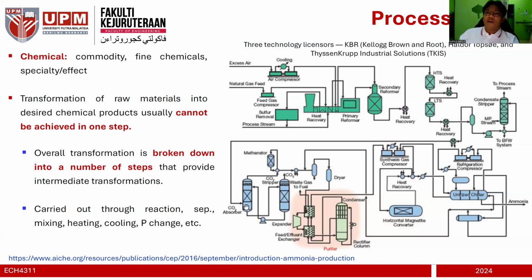And then here you have a process to remove CO2, an absorber and a stripping column. A methanator here, if I'm not mistaken, is a process where carbon monoxide and carbon dioxide undergo a process to convert back to methane. And we have a dryer here just to remove moisture, a condenser, and then a synthesis gas compressor.